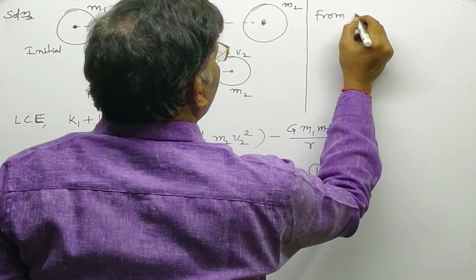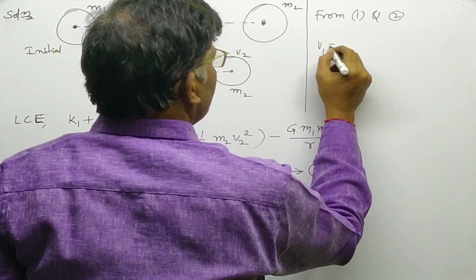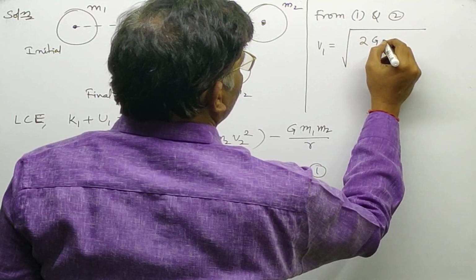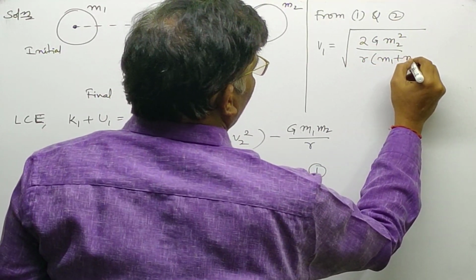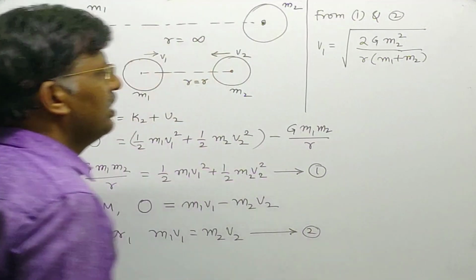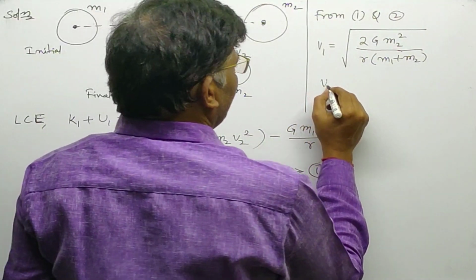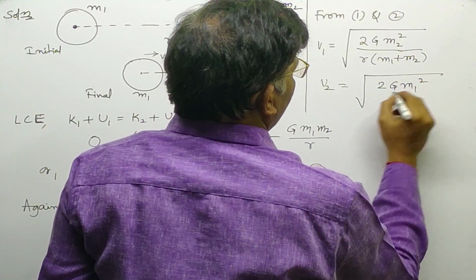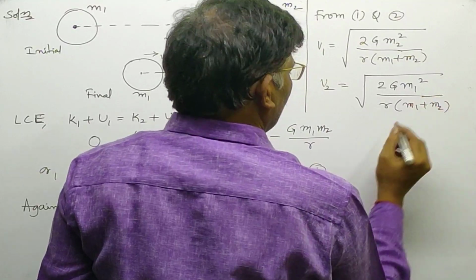By solving equations 1 and 2, we can write v1 is equal to square root of 2g m2 square by r into (m1 plus m2), and v2 is equal to square root of 2g m1 square divided by r into (m1 plus m2).